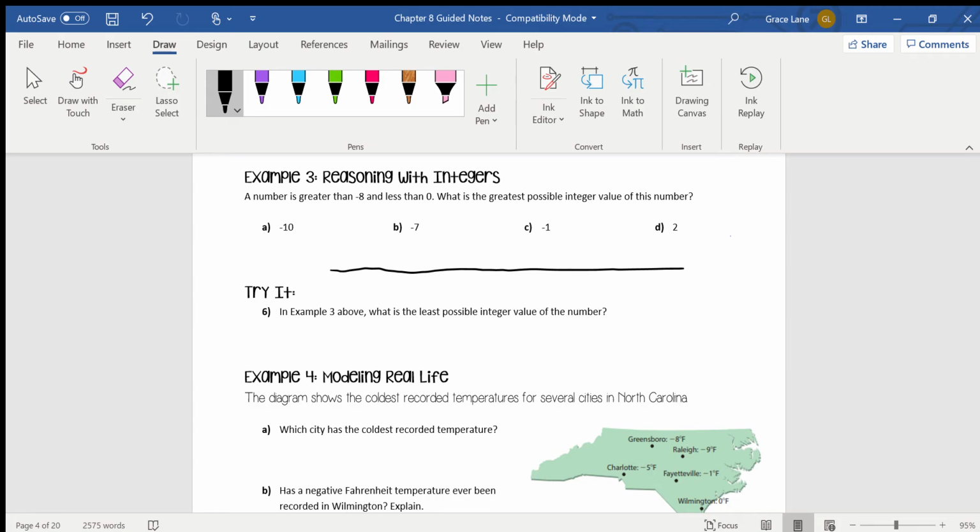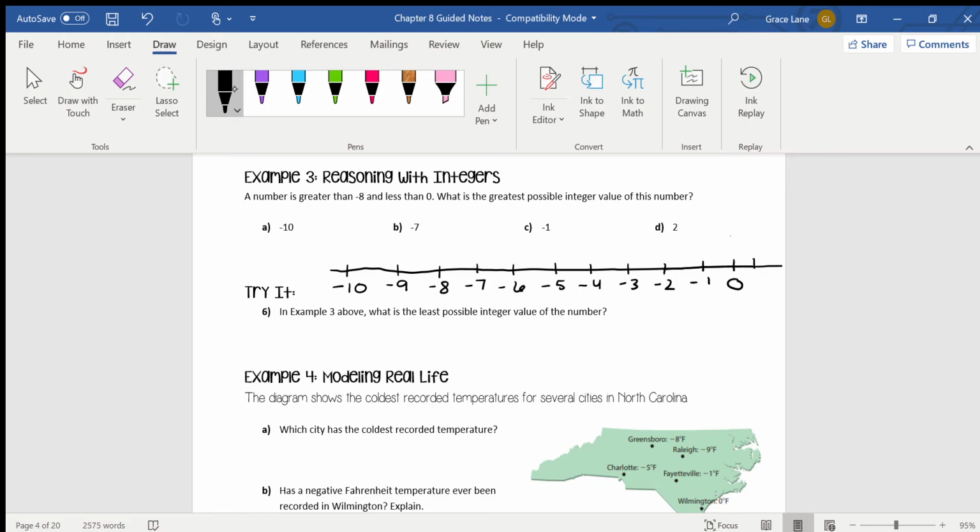So this is what I mean. 0 might not be in the middle of your number line. Maybe I should have counted by 2's again. -2, -1, 0.